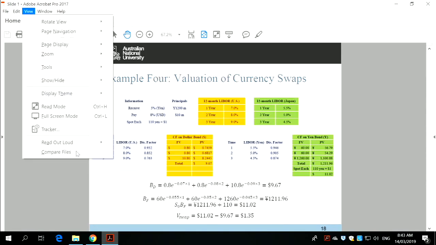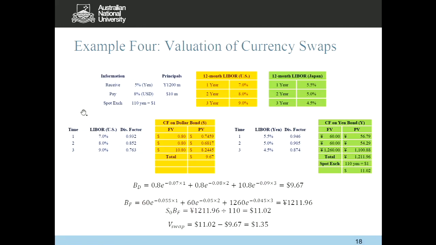So any question before we move on? Valuing the currency swap is kind of easier compared to valuing an interest rate swap because you're just valuing two fixed rate paying bonds. That's it.